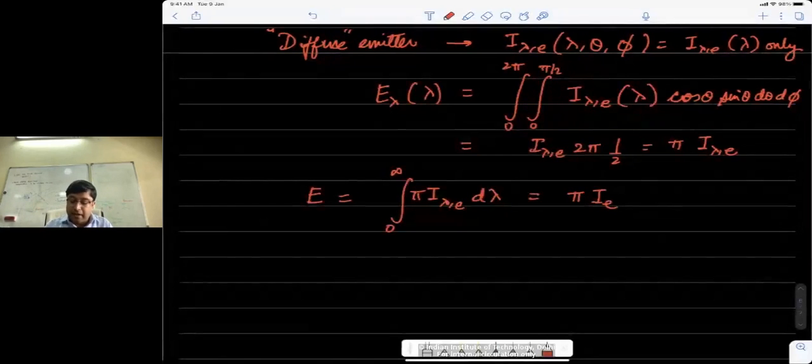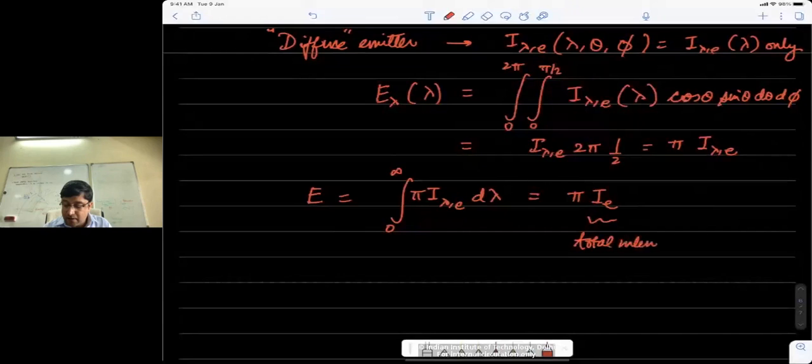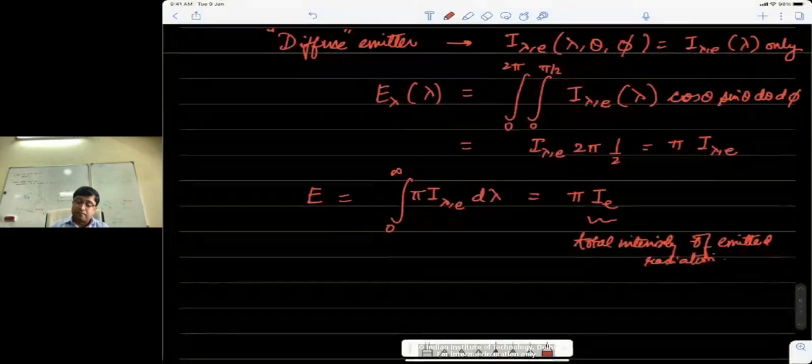So this is the total intensity of emitted radiation, which includes all wavelengths in the radiation.